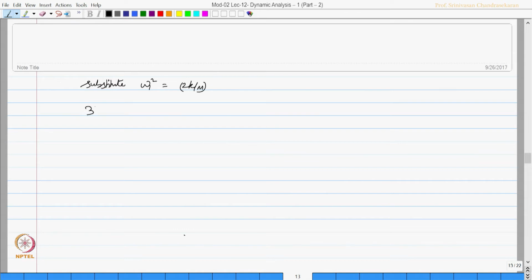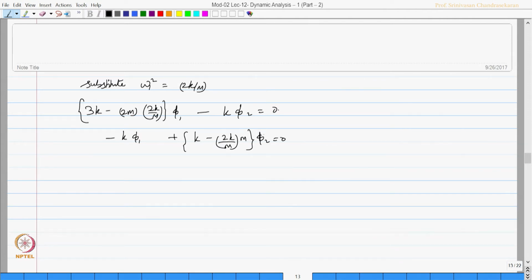So, we say (3k minus 2m of omega square, that is 2k by m) of phi 1, I am just substituting the value of the previous equation, minus k phi 2 is 0, minus k phi 1 plus (k minus 2k by m of m) phi 2 is 0.